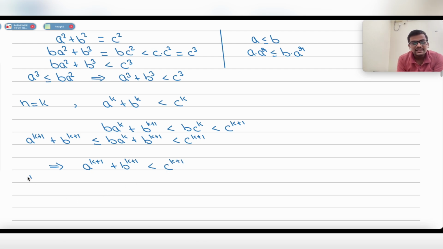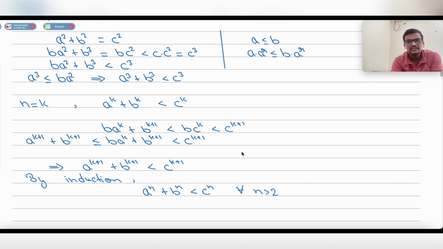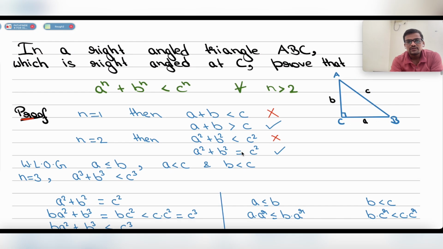Hence, by induction, a to the power n plus b to the power n is less than c to the power n for all n greater than 2, right? So this is the proof for this problem. Hope you understand this proof.